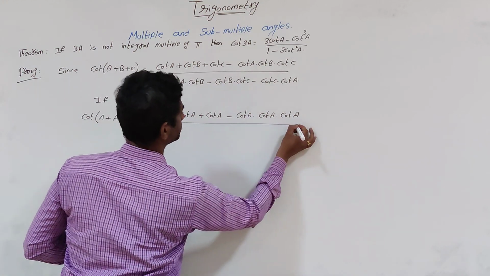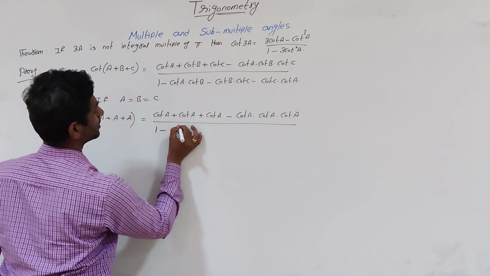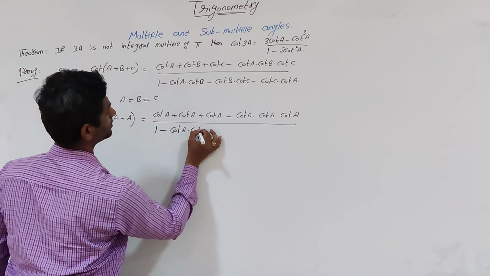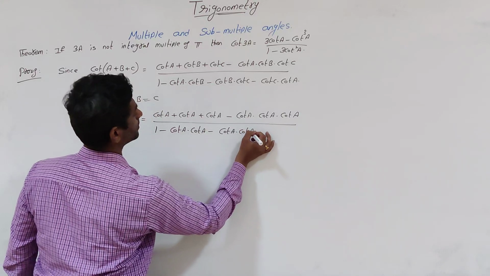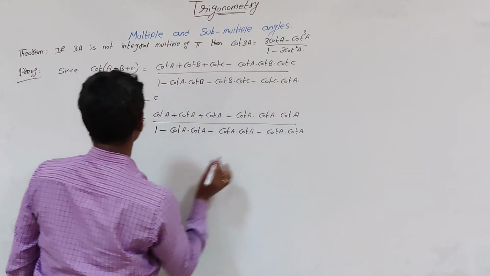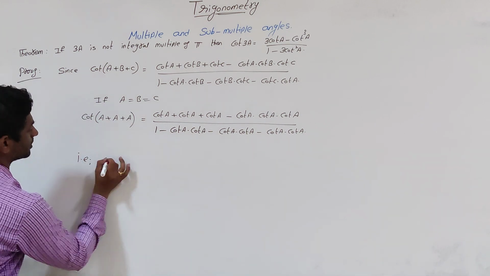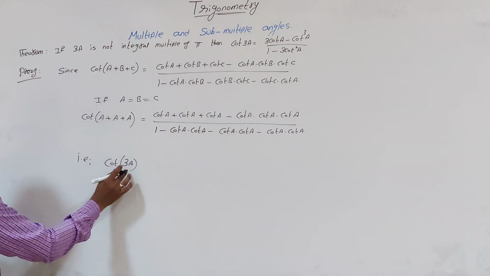by 1 minus cot A into cot A minus cot A into cot A minus cot A into cot A. So that is cot 3A. A plus A plus A will be 3A.